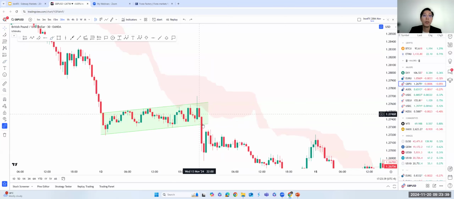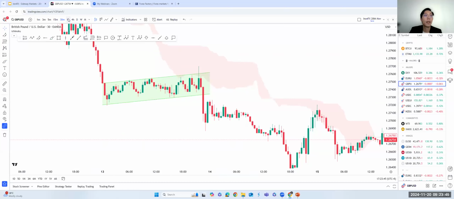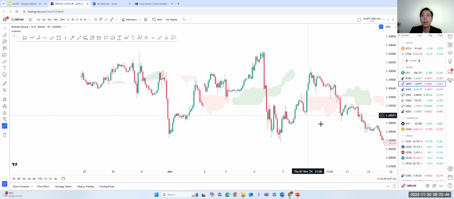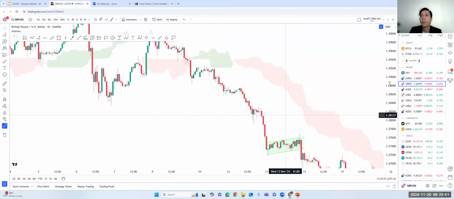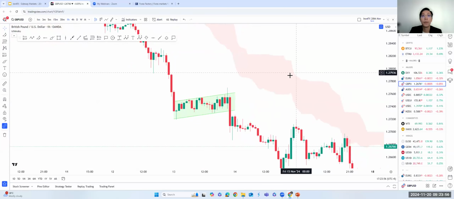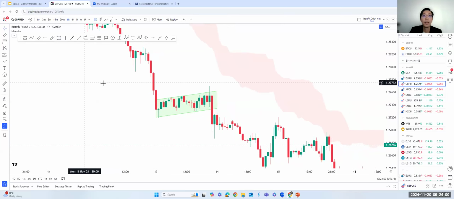You wait for it to break out, retest this area, and then you start to sell. Everything is lined up. If I were to show you on the H1 time frame, you can try to find these kind of setups. It happens a lot.